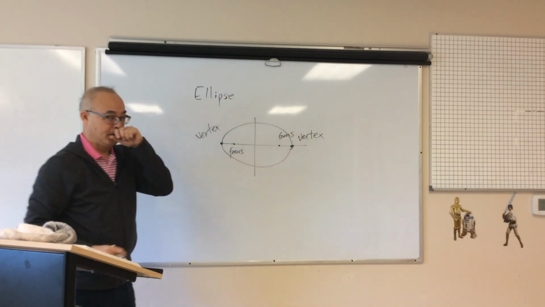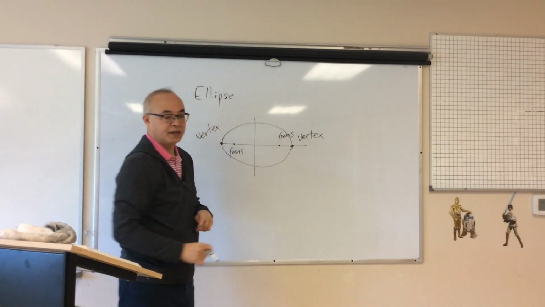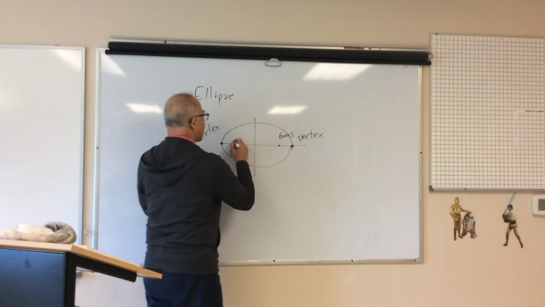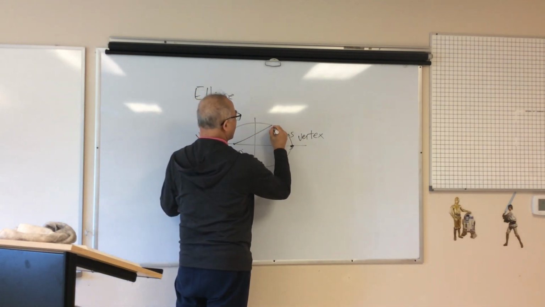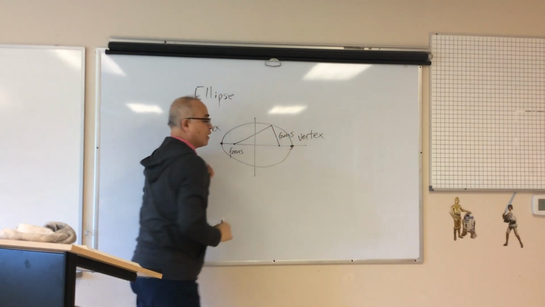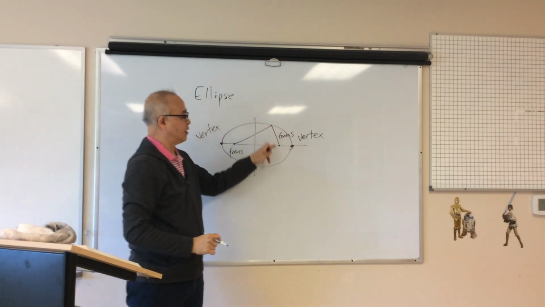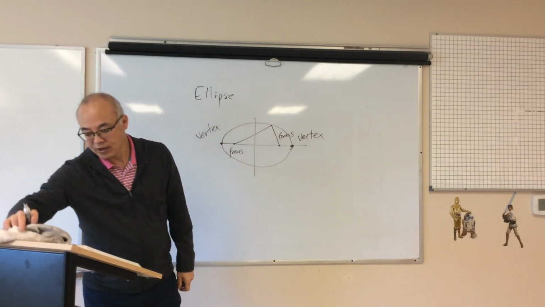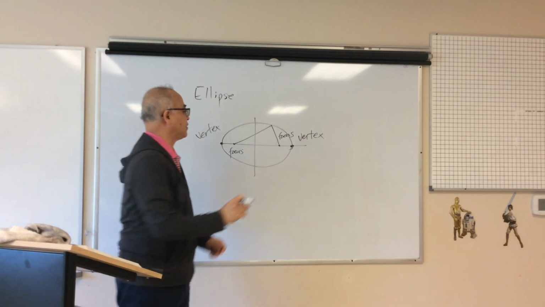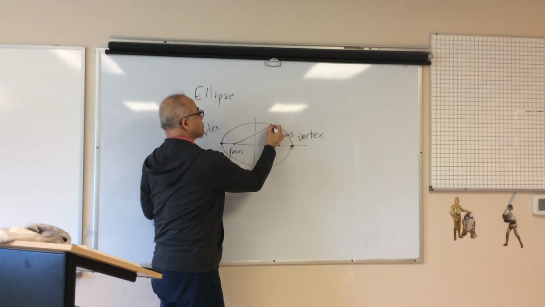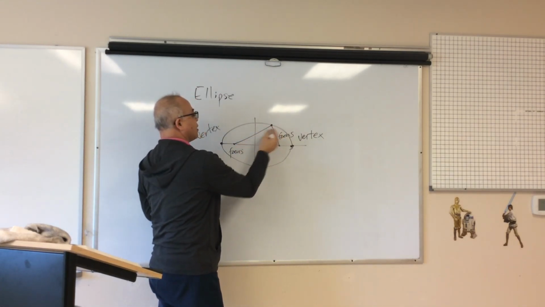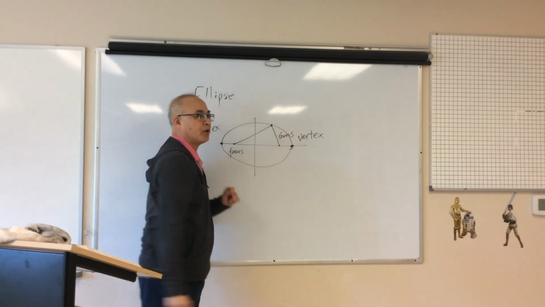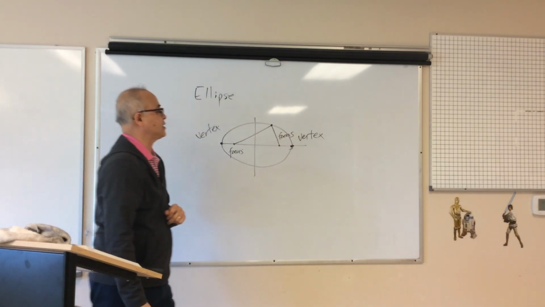Okay? So, the definition of an ellipse is that if I add these two distances together, they would always stay the same. From this point, the distance to here and the distance to here, when you add them together, they are always the same.